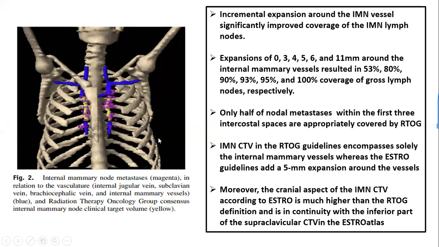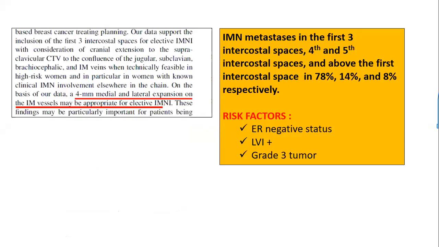Okay. Again, when we see the lymph node metastases, they are more in the first 3 intercostal spaces, roughly 80%, while the fourth and fifth and even above intercostal spaces correspond to the remaining 20%.